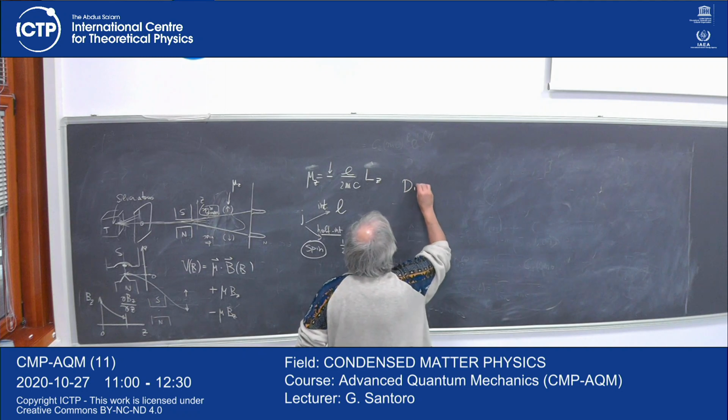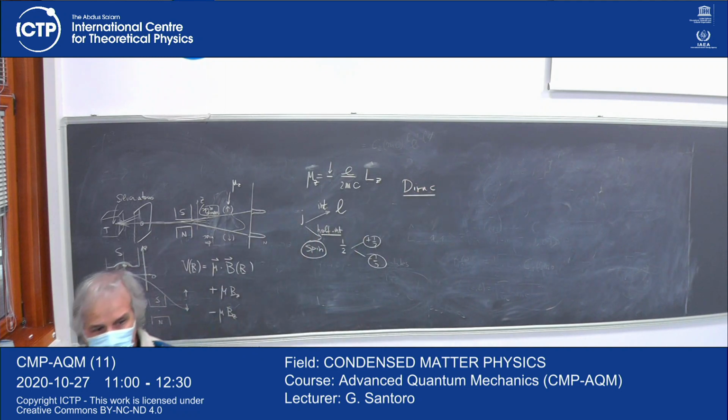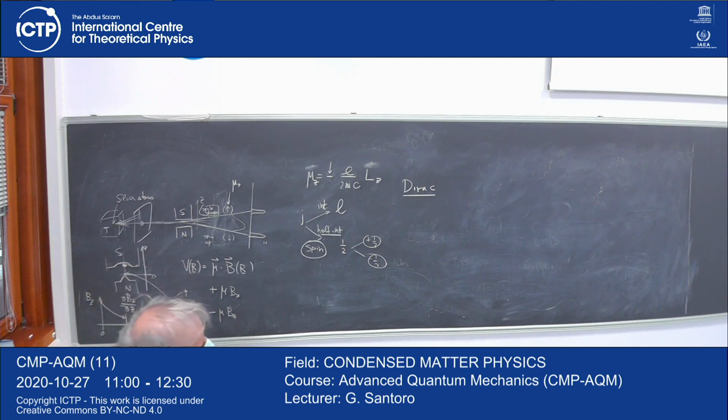and it took the genius of Dirac, okay, in 1930 to actually formulate a relativistic theory of quantum mechanics, which involves four-dimensional wave functions, which in the appropriate limit, which is the non-relativistic limit, really gives you the spin as an emergent quantity, okay?